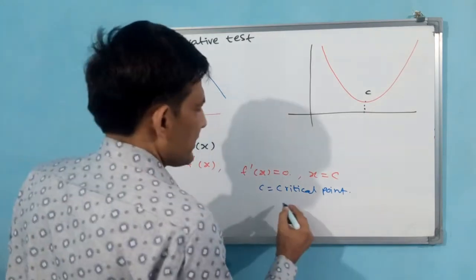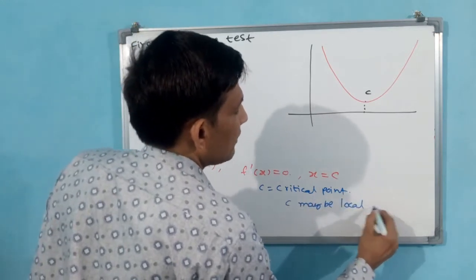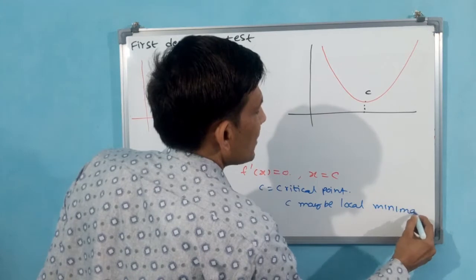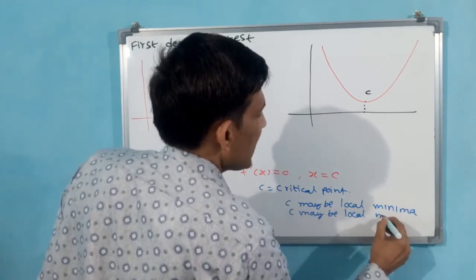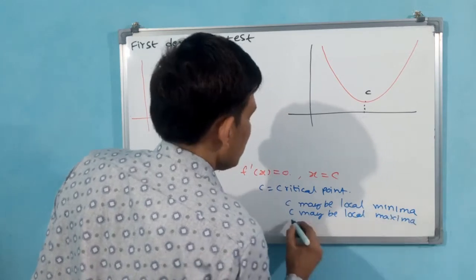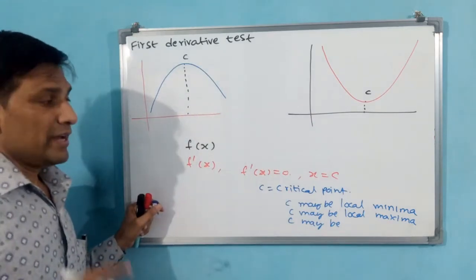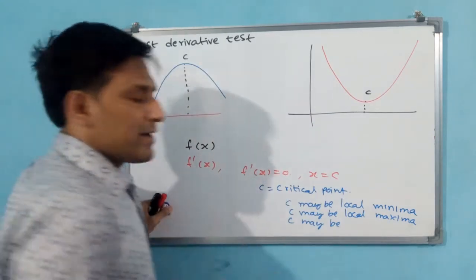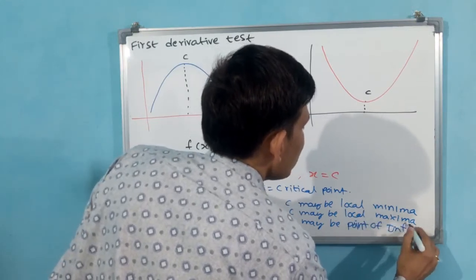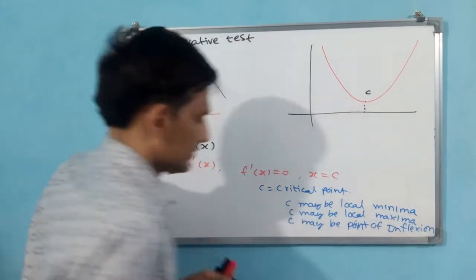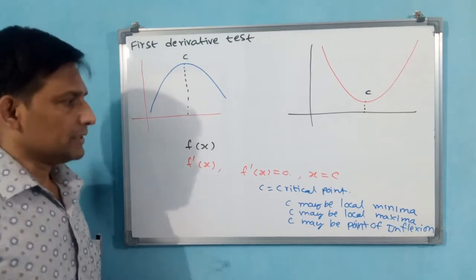The critical point c may be a local minima, c may be a local maxima, or c may be neither local minima nor local maxima, which is a point of inflection. Okay, now one by one we will understand.